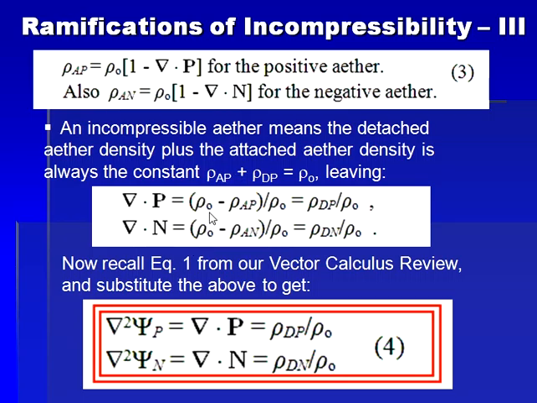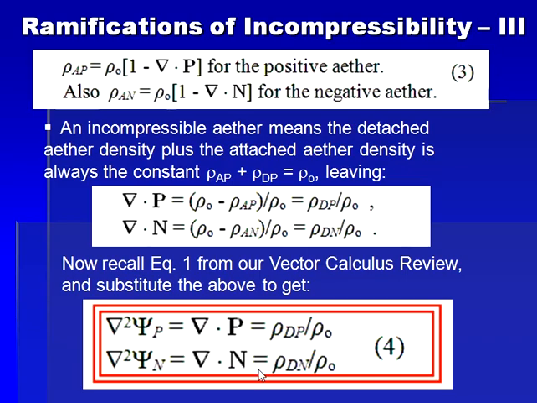We then make note that rho sub 0 minus the density of the attached ether is equal to the density of the detached ether. Lastly, we can recall equation 1 from our vector calculus review and substitute the divergence of P into those expressions to find that the Laplacian operator applied to psi sub P is equal to the density of the detached ether divided by the uniform ether density.